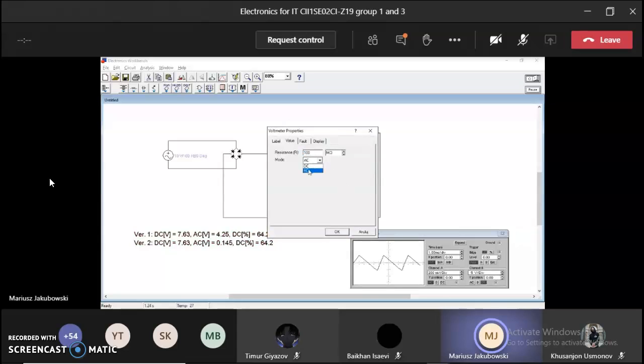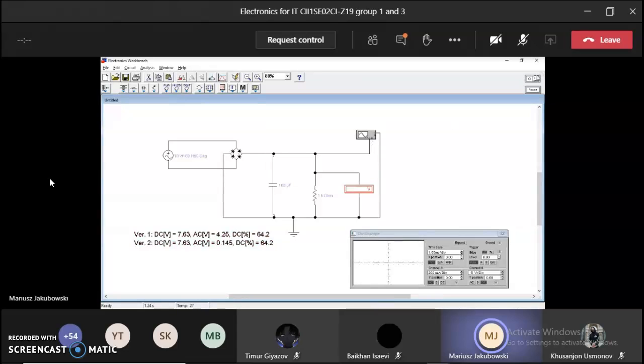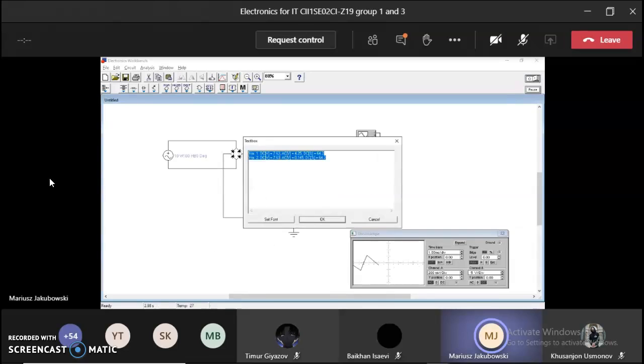Let's check the DC component. And the DC component is 12.46.